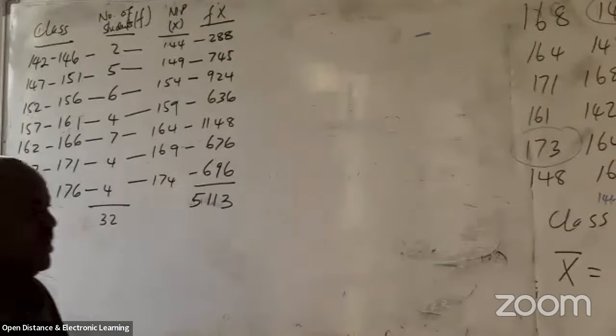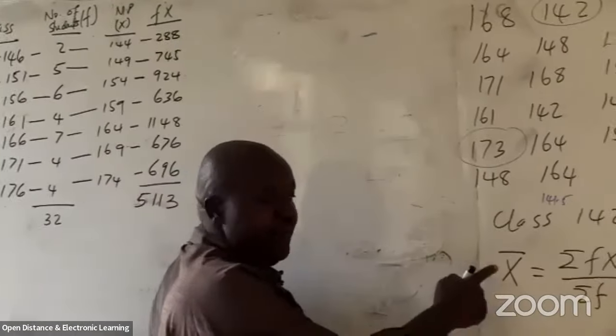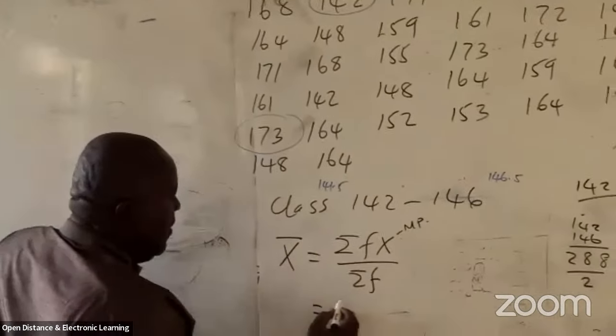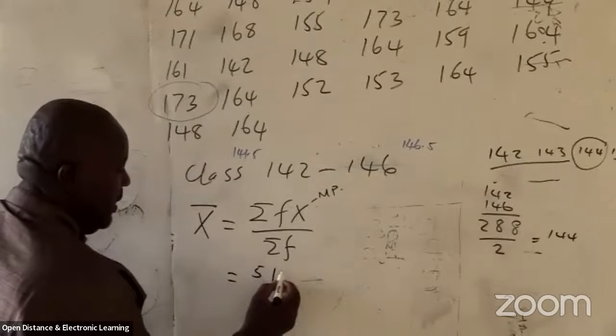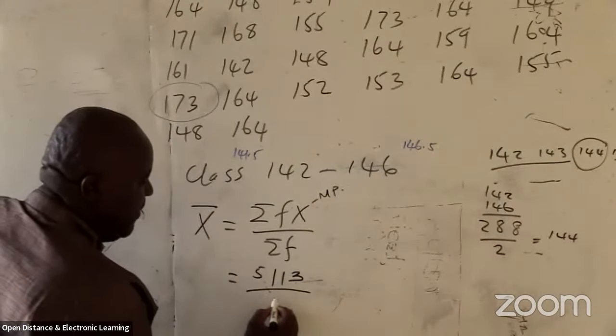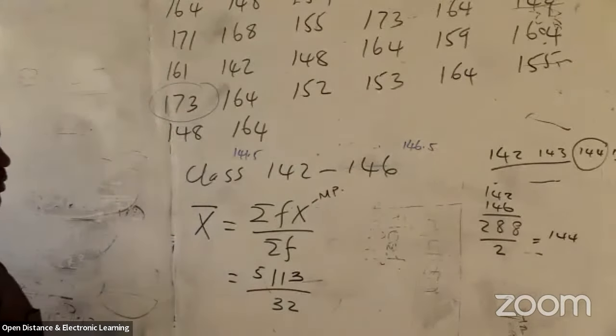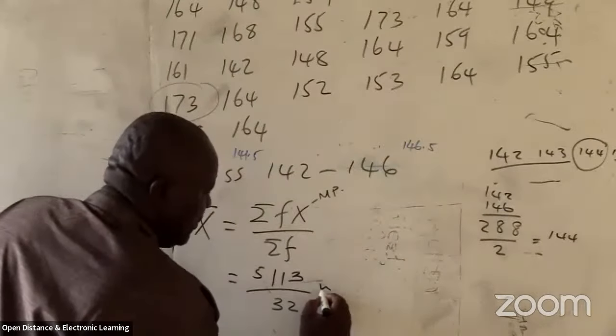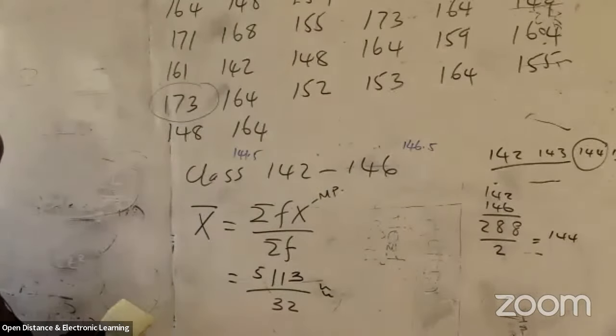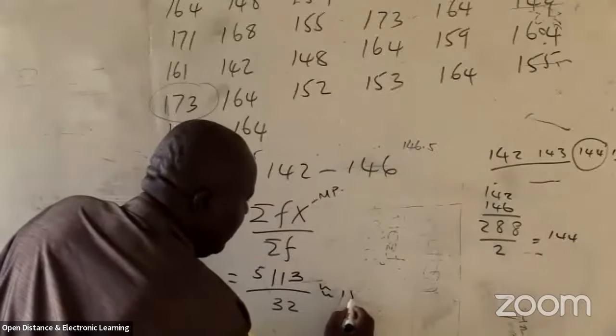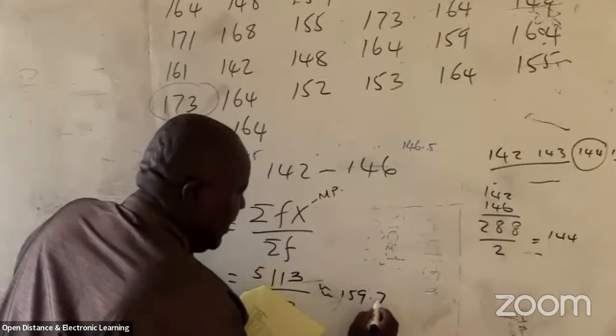And therefore, substituting in our formula for the mean, this will give us 5113 divided by 32. So this will approximate to a value of 159.78.